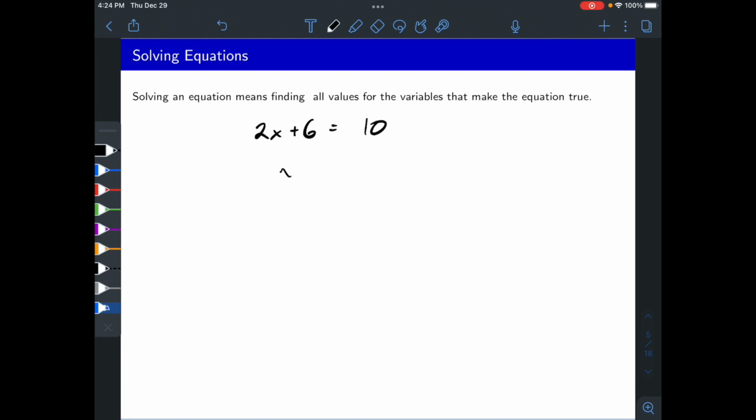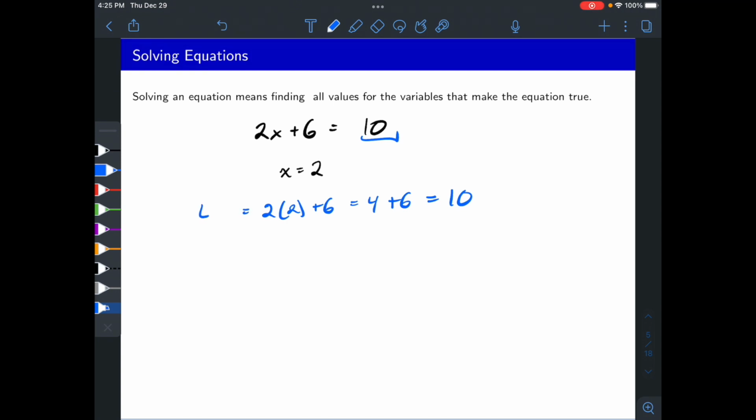And in this case, the value of x equals 2 makes this equation true, because if I were to plug in 2 times x, and x is now 2, plus 6, that is equal to 4 plus 6, and 4 plus 6 is in fact equal to 10, which is our right hand side.